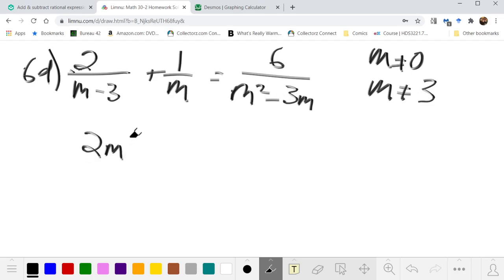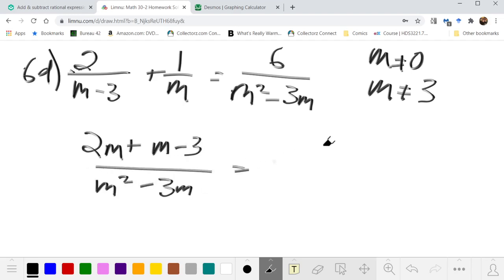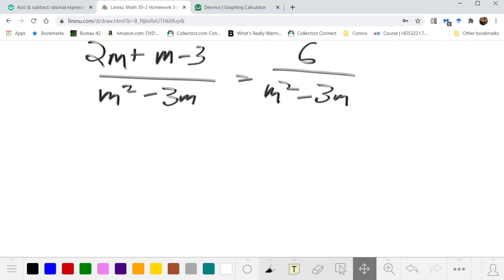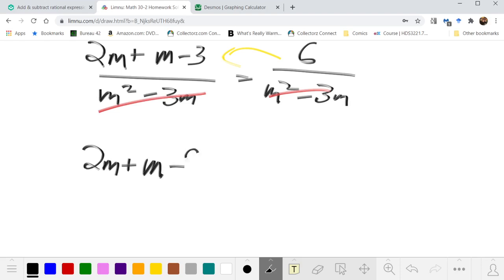So we have 2m plus m minus 3 all over m squared minus 3m equals 6 over m squared minus 3m. Cancel our like denominators and move the 6 to the other side. And we are left with 2m squared plus m minus 9 equals 0.